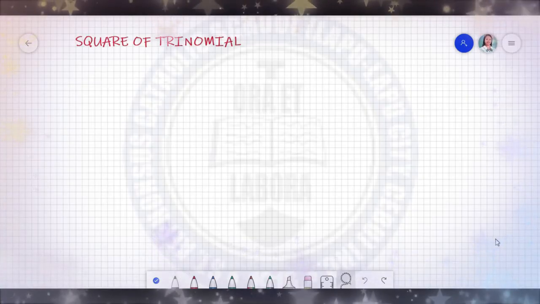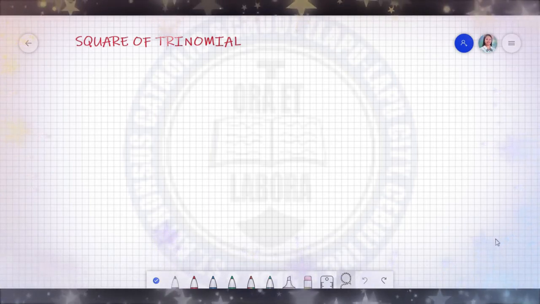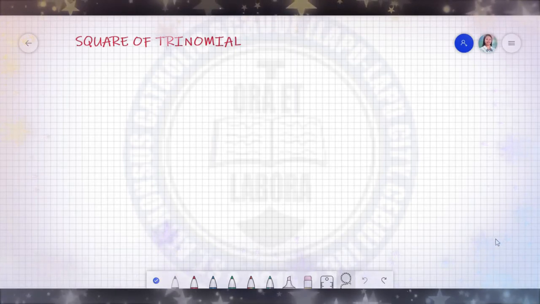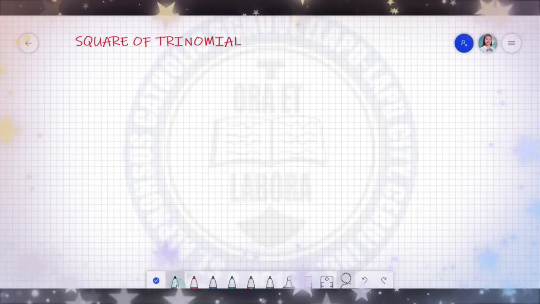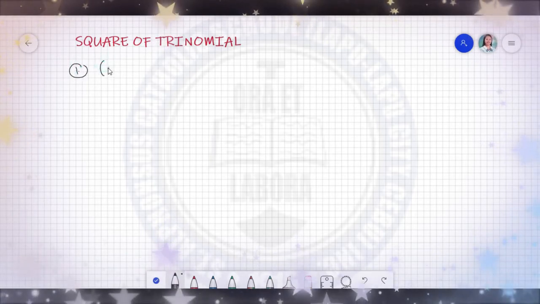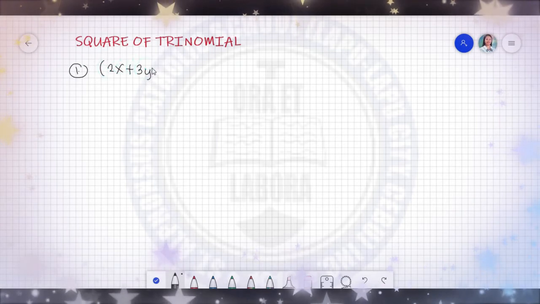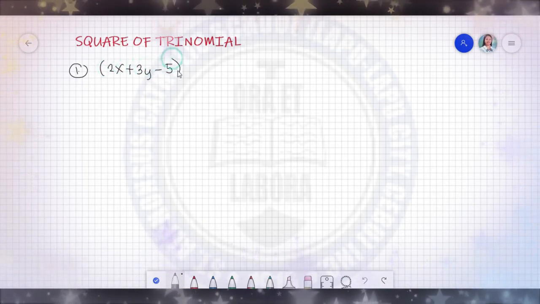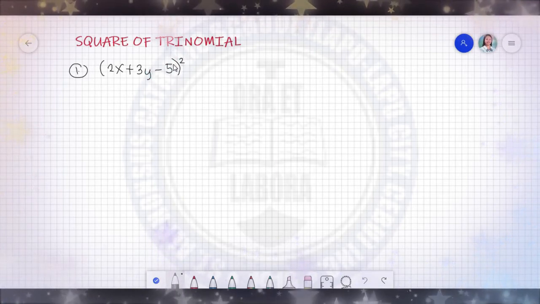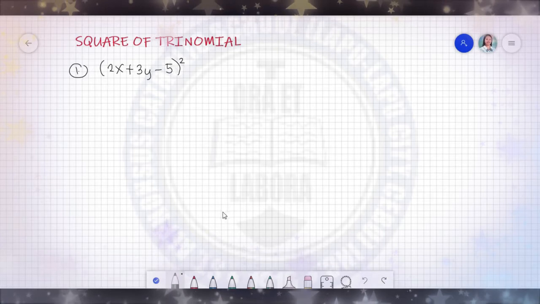For you to understand better how to solve problems involving square of trinomial, let's have examples. Example number 1. 2x plus 3y minus 5 squared. The very first thing that you're going to do is identify your first, second, and third term.